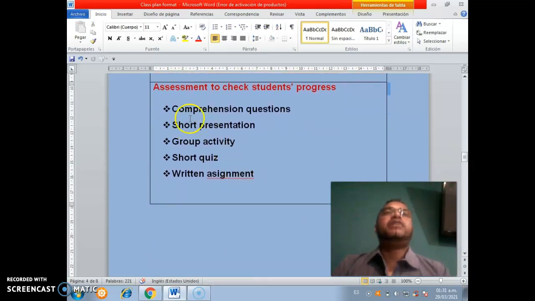Okay, assessment to check the students' progress. These include comparison questions, short presentation, group activity, short quiz, writing assessment.